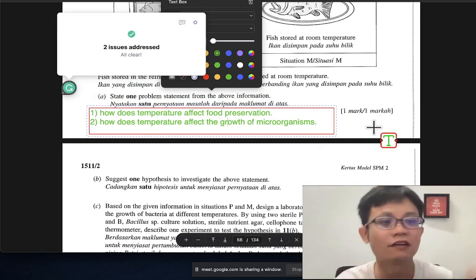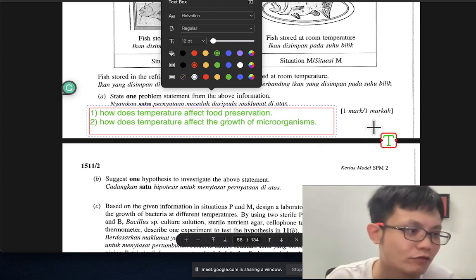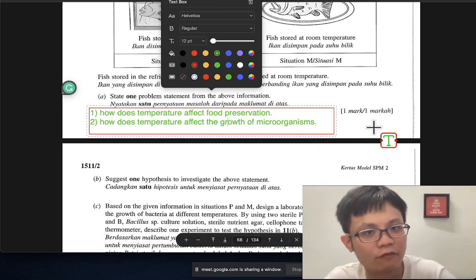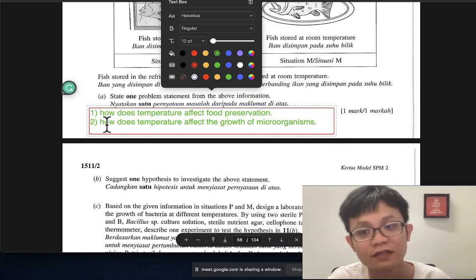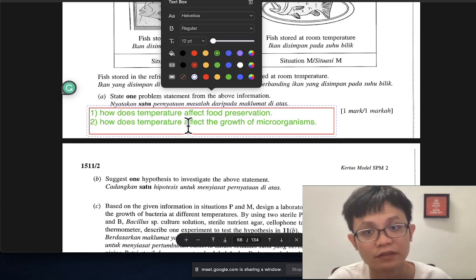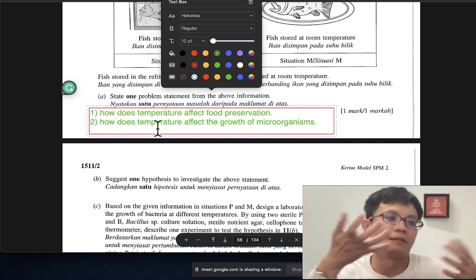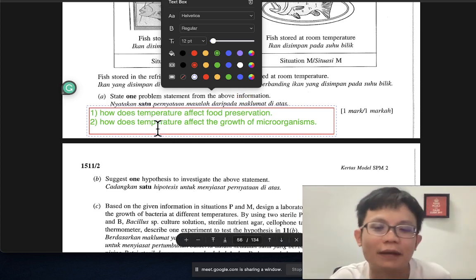Hypothesis is like the title for the experiment, and sometimes the question asks what is the problem statement or what is the hypothesis, and when we look at the question, we really don't know, because both are correct. If you say the first one, how the temperature affects food preservation is correct, and how the temperature affects the growth of microorganisms is correct, but in Malaysian education, we need to follow the marking scheme.